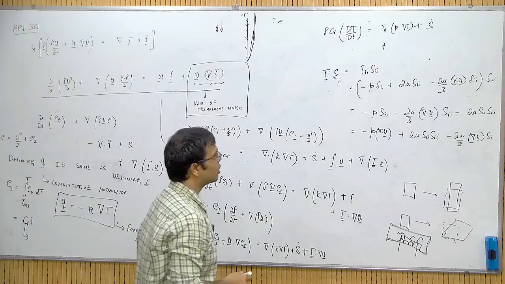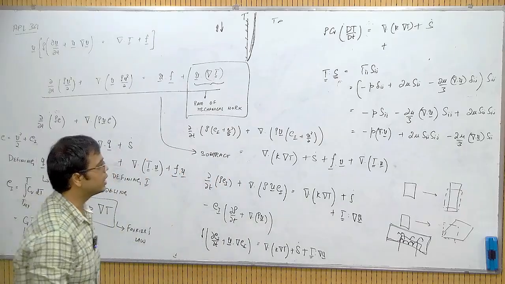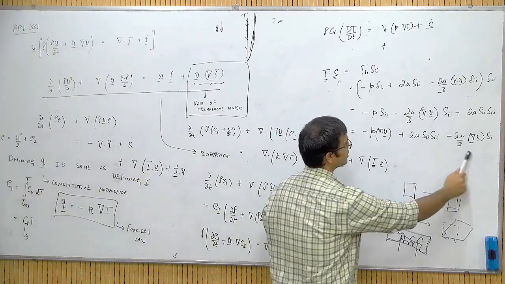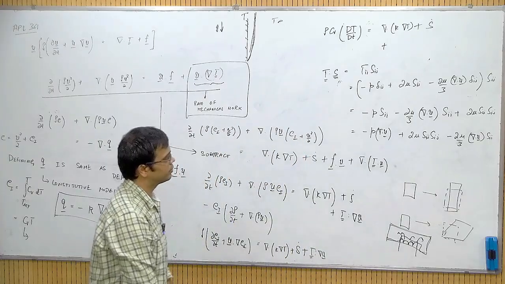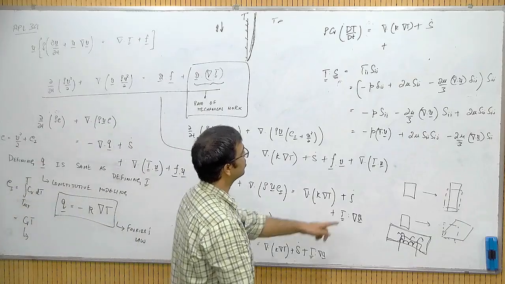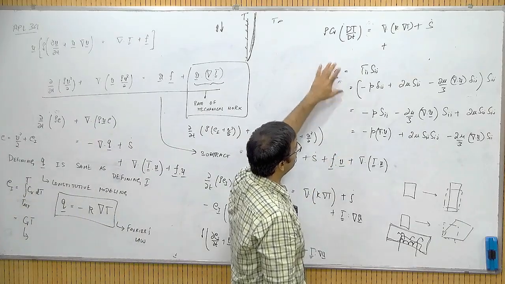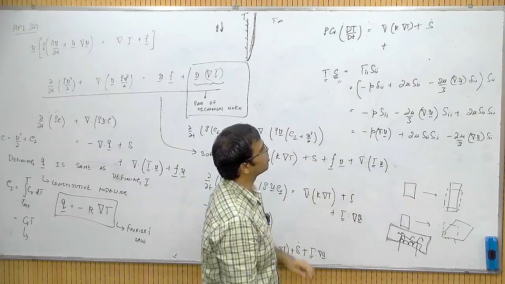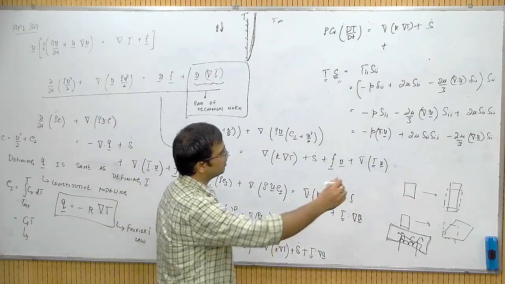You can look at the quiz solutions on completing this as a whole square. You can complete this as a whole square and show that this quantity plus P del dot U is always greater than or equal to 0, but we don't need to do that here.